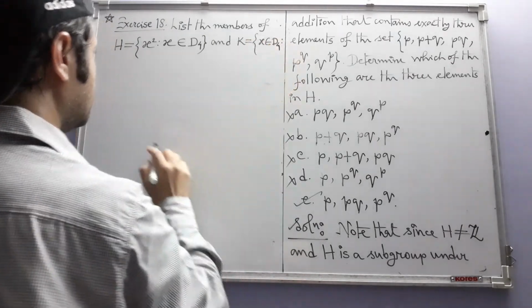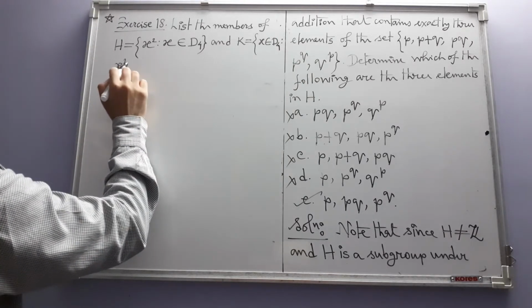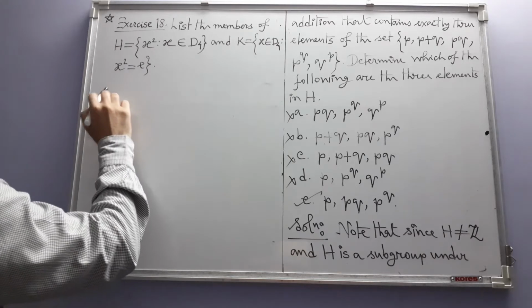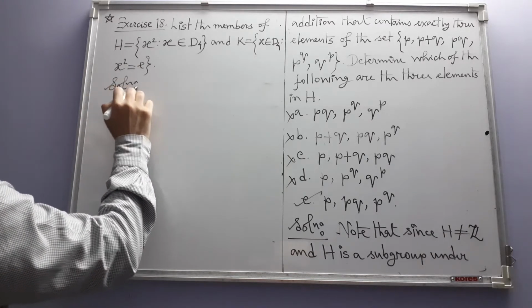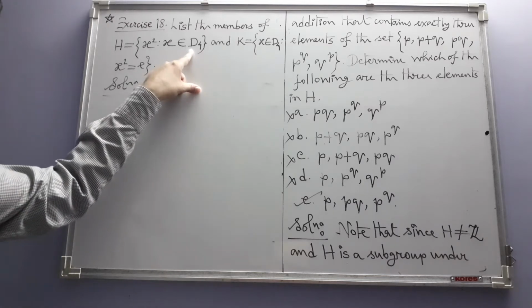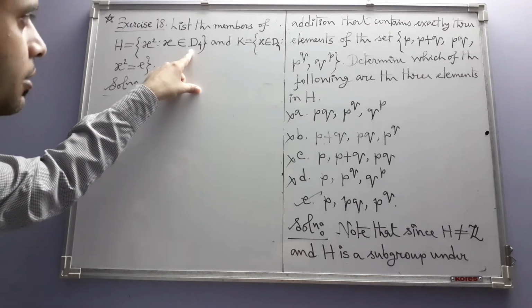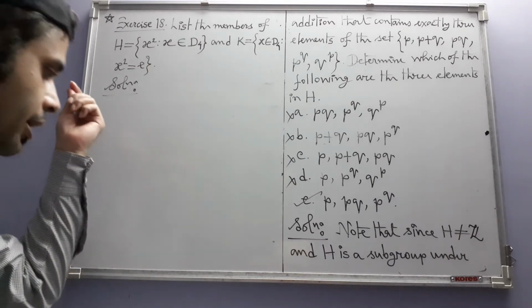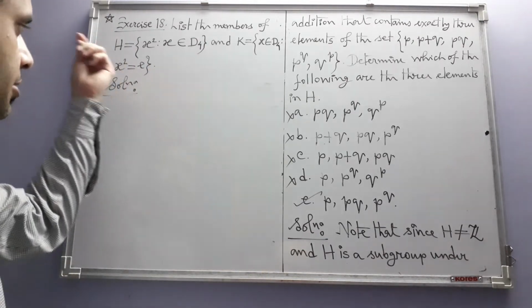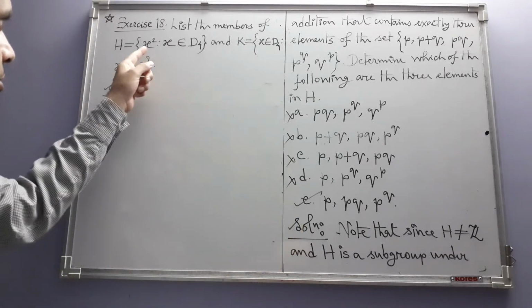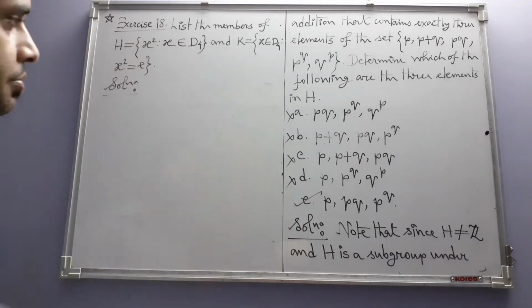Elements belonging to D4 such that x square equal to e. For this, you just look at the Cayley table for the dihedral group D4 that is given in the text. In that table, you look at the leading diagonal elements, that is this diagonal. Those diagonal elements are x square.